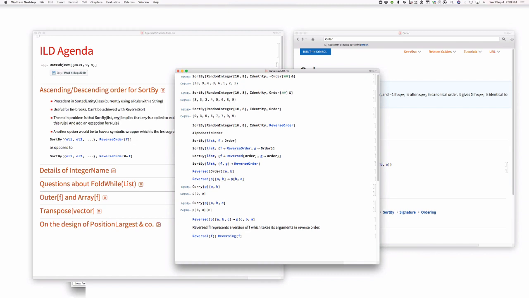When we were designing curry, we had two functions for some time, and one of them was called curry swap, I think, that was doing precisely this.